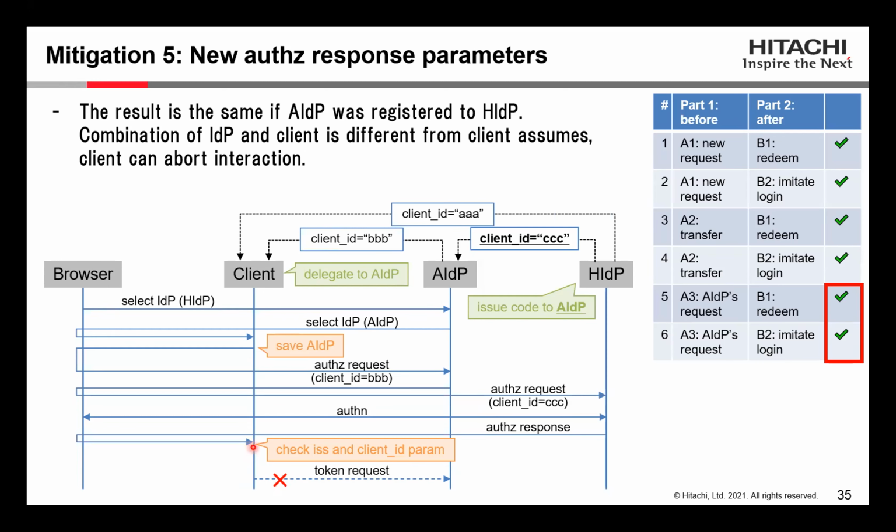I mean, in the pattern you have on the screen here, the client would have stored an IDP, which would then see the issuer HIDP. So in this example, the issuer would be enough.